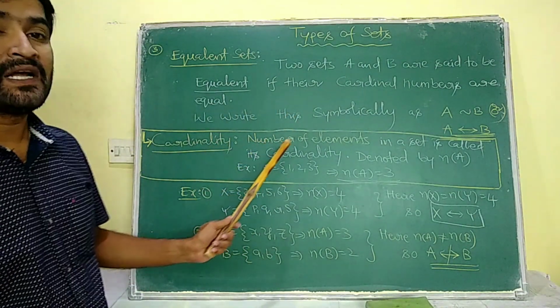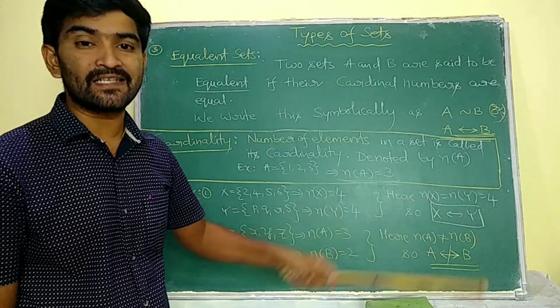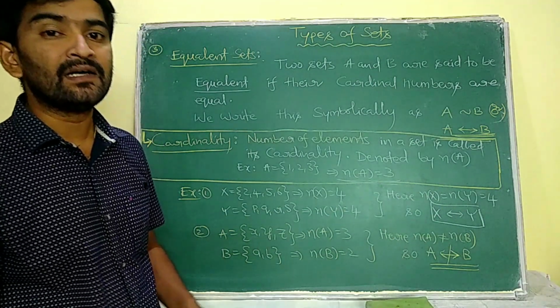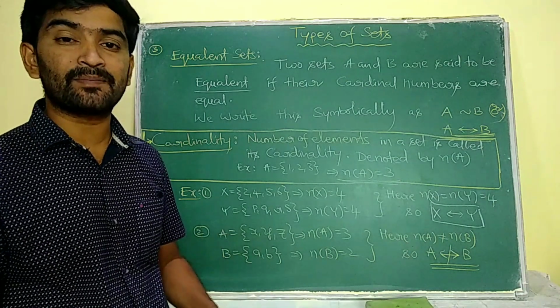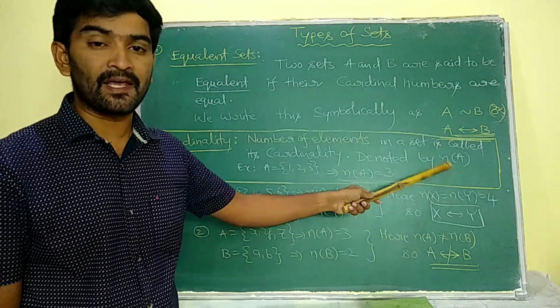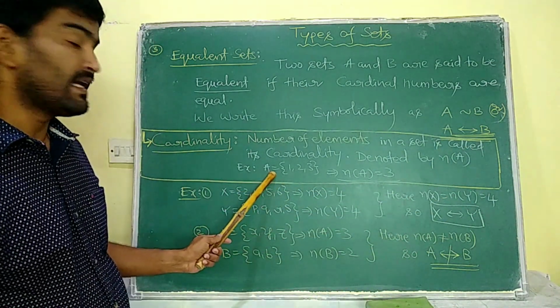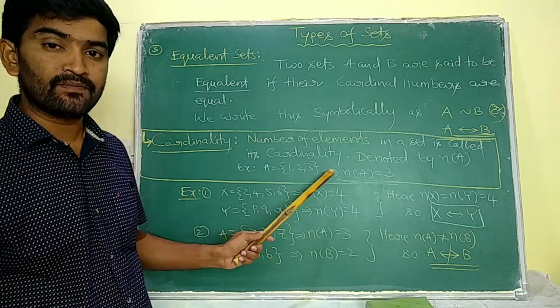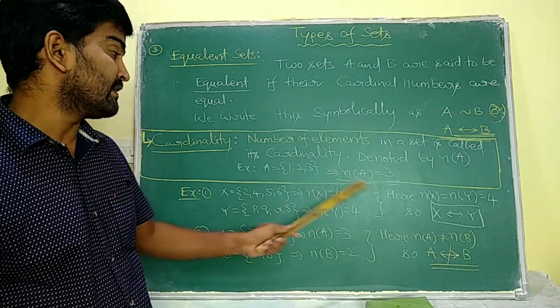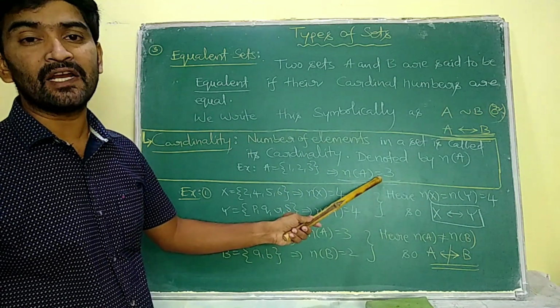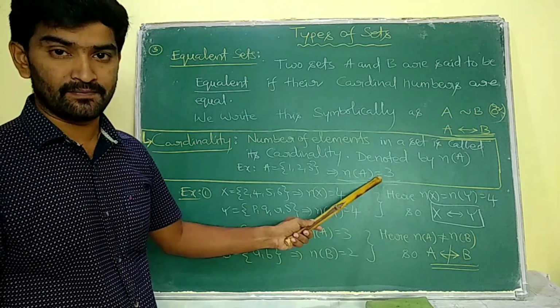The number of elements in a set is known as its cardinality. Let A be a set, then the number of elements in the set A is represented as n(A). For example, A is the set {1, 2, 3}. Here the elements of A are 1, 2, 3. So A has 3 elements, so its cardinality is 3.